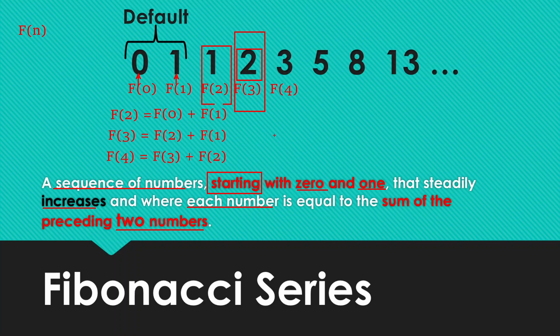We are simply coming up with this particular function: F of a position n will be equal to F of n minus 1, where n is the position, plus F of n minus 2. So this is our recursive function.